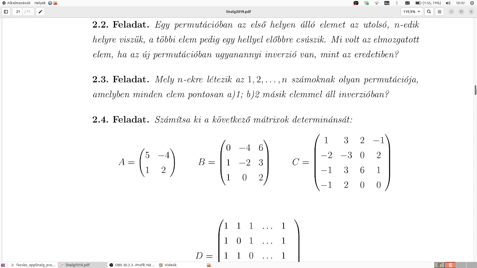Okay, let's do the same with Gauss elimination. I had done this yesterday.